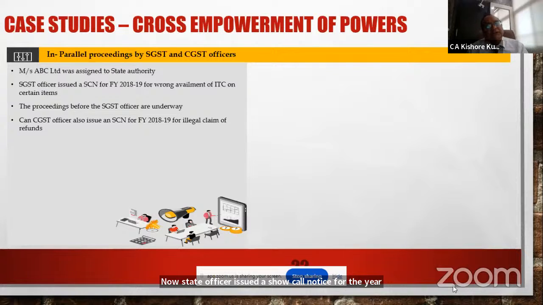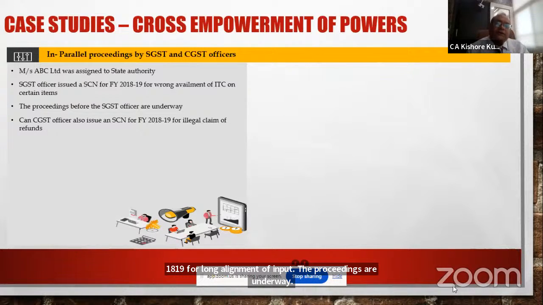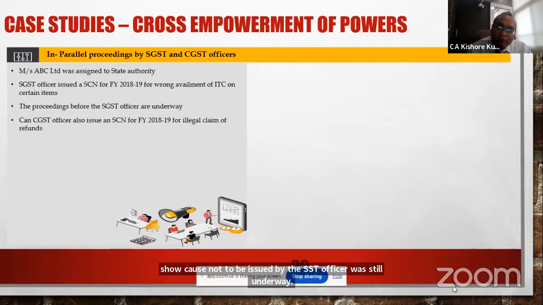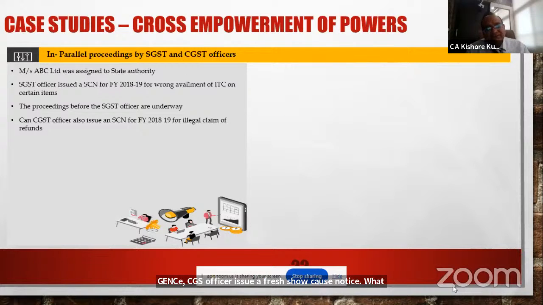The proceedings were underway. The CGST officer also issued a show cause notice for the year 1819 for illegal refund claims. Is the show cause issued by the CGST officer valid? Can he issue it? Because the proceedings under the SGST and the show cause notice issued by the SGST officer were still underway. Can the CGST officer issue a fresh show cause notice? What do you think, friends? Can he or can he not?